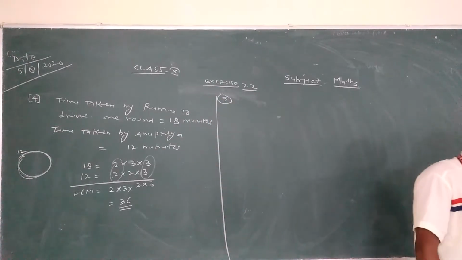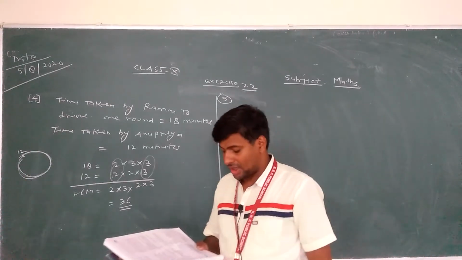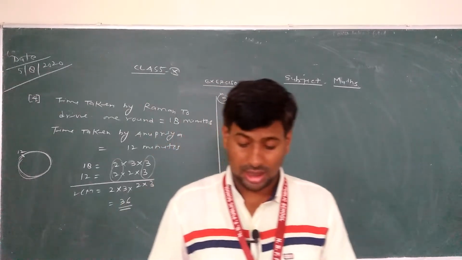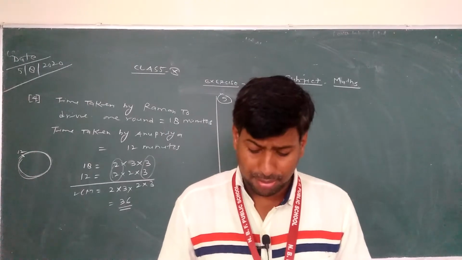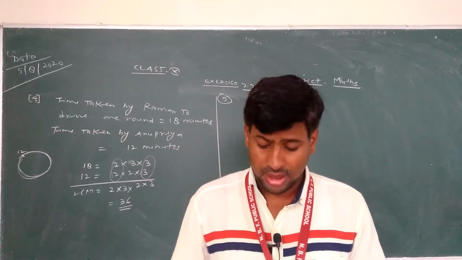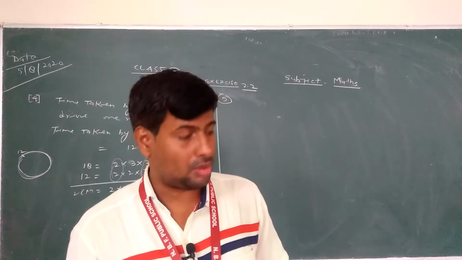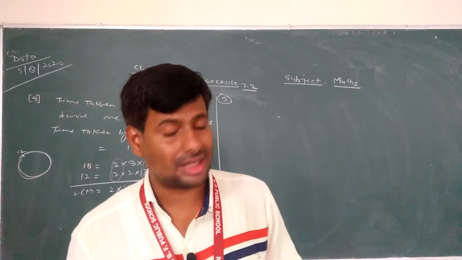Question number 5 is given: in a seminar, the number of participants in Hindi, English and mathematics are 60, 84 and 108 respectively. Find the minimum number of rooms required if in each room the same number of participants are to be seated and all of them are in the same subject.